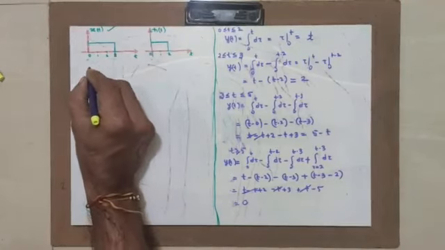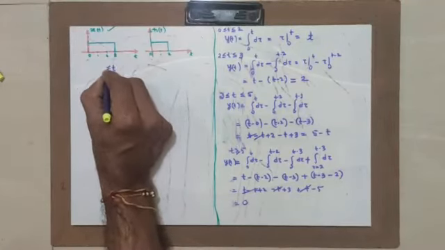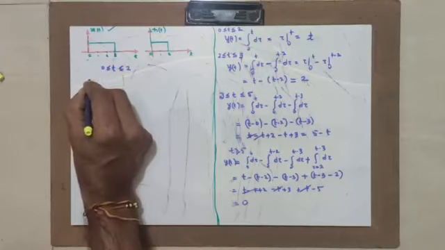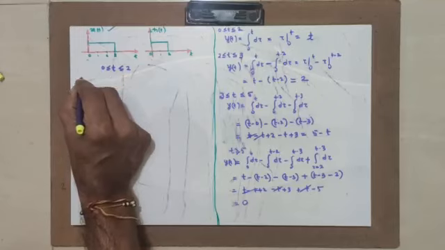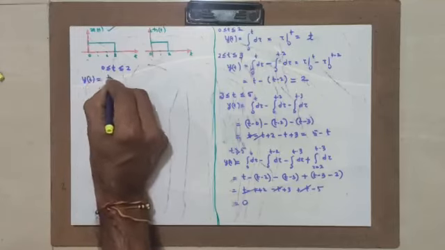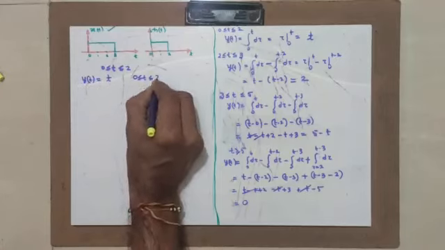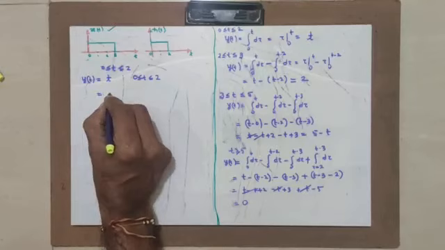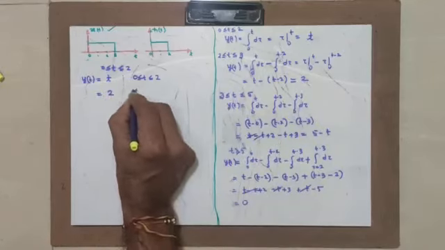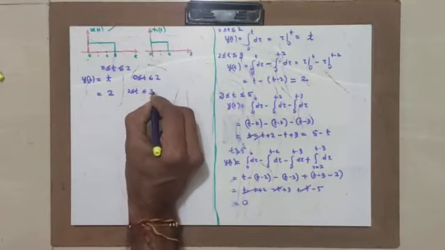Now see, for t greater than or equal to 0, less than or equal to 2, y of t is equal to t. It is equal to 2 for t greater than or equal to 2, less than or equal to 3.